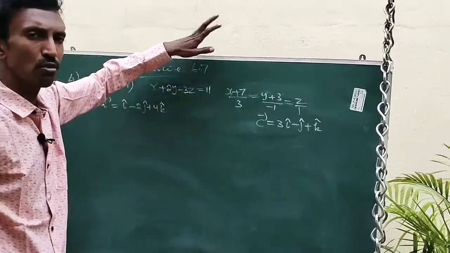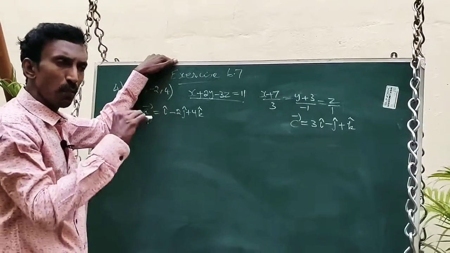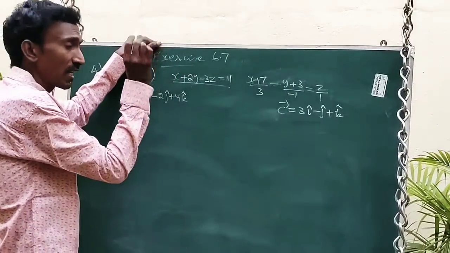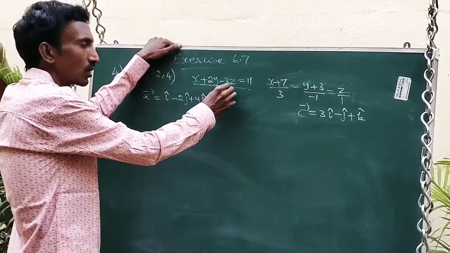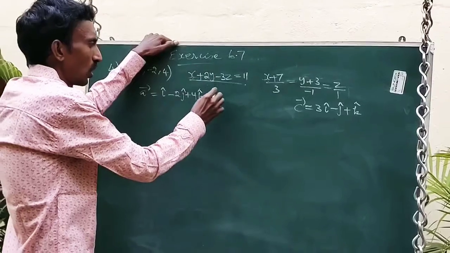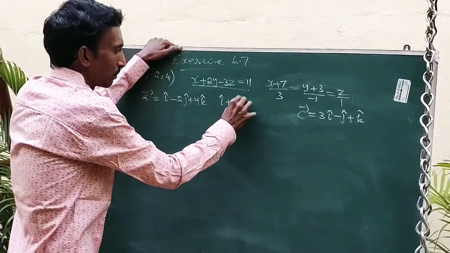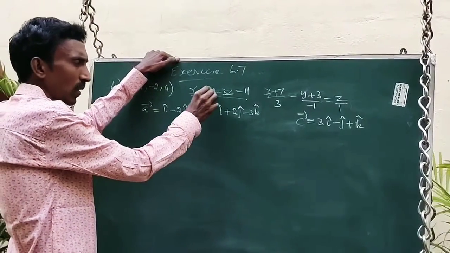So no more confusion. But look here, this plane equation is perpendicular to the required plane. So from this one we can get a normal. It is of the form Lx plus My plus Nz equal to 0. Okay, so i plus 2j minus 3k is perpendicular to this plane.